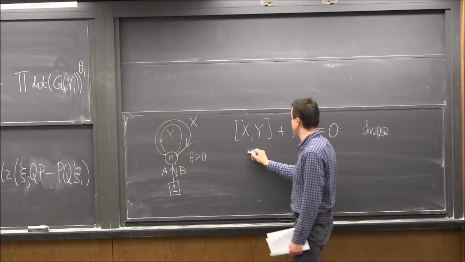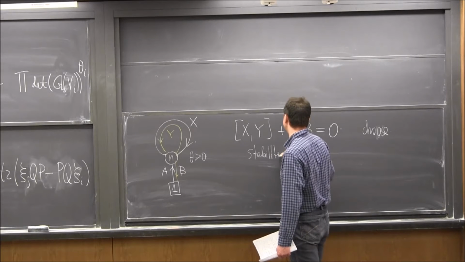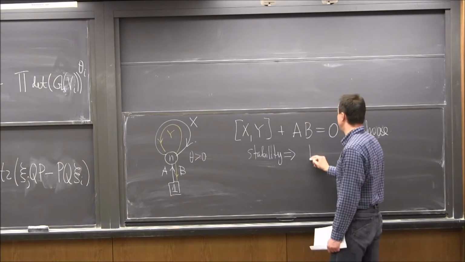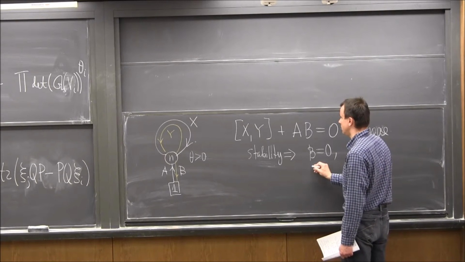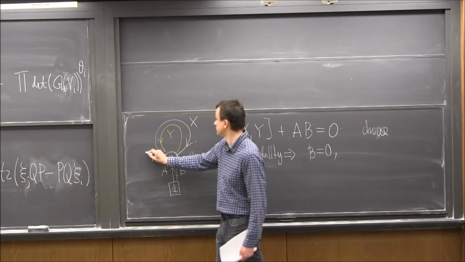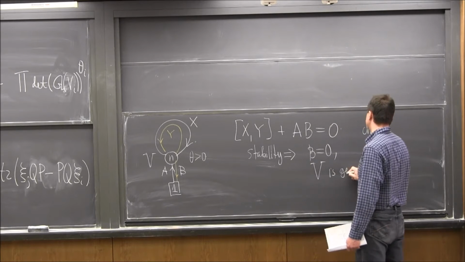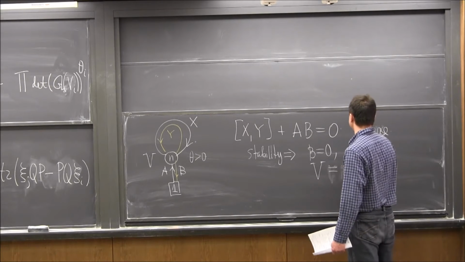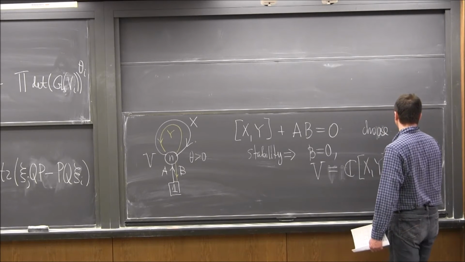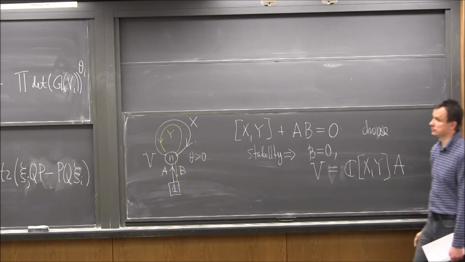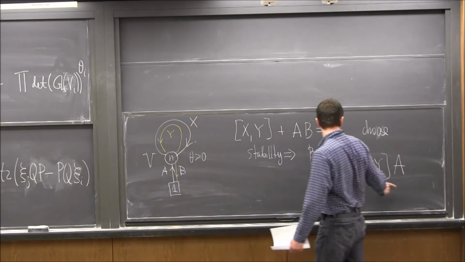Then the stability condition will imply that B is 0, and then A, my space V is generated, V equals, we apply the operators x and y to A, which goes from a one-dimensional space, it's just a vector. And so if you apply x and y, the whole thing spans.